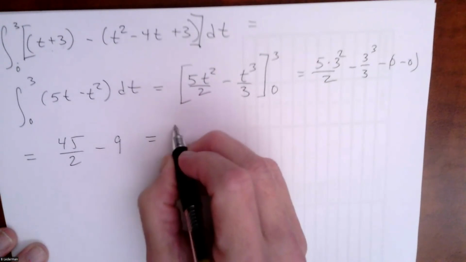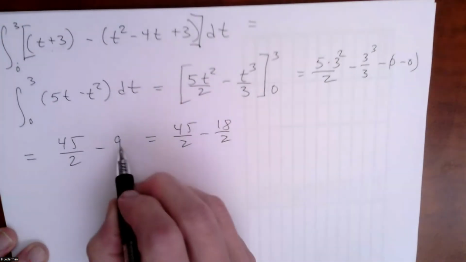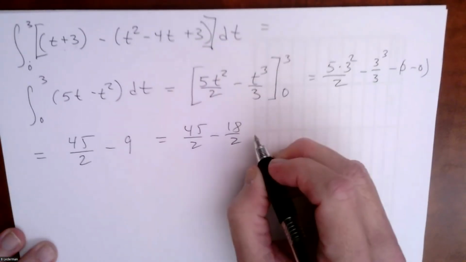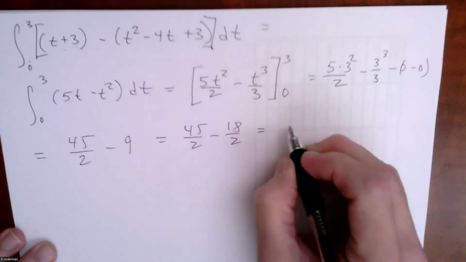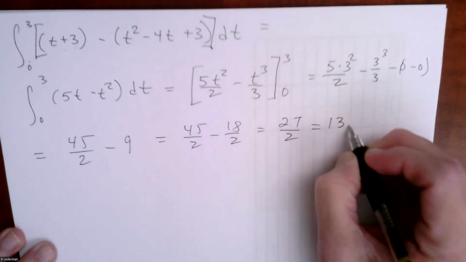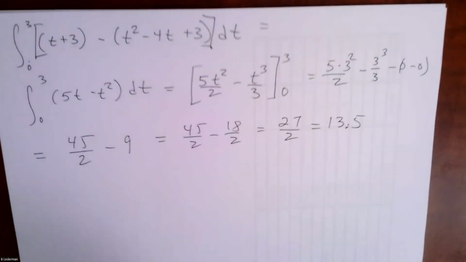And this just equals 45 over 2 minus 18 over 2, because 9 is equal to 18 over 2. And that is 27 over 2, which is 13.5. But 13.5 what? Is it just plain 13.5, or 13.5 chihuahuas, or what is it?